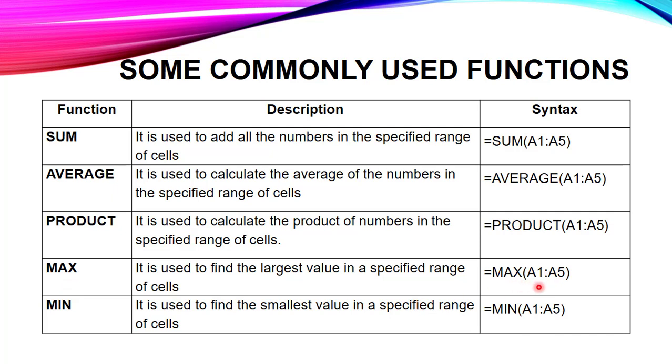With the help of this max function, you can get the largest numerical value which is written in that particular area or that cell range. Then at last we have the min function. This min function is generally used to find the smallest value in that cell range. So now let's see. We will use some of these functions and we will check the output.